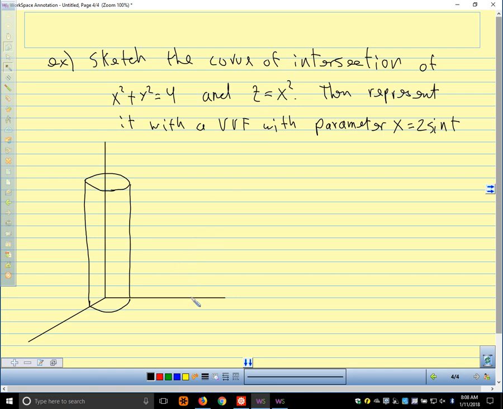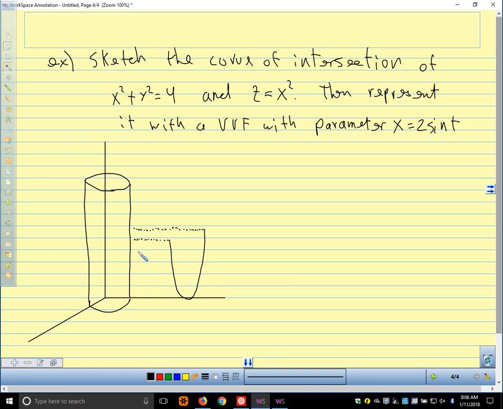So I'm going to sketch part of it here so we can get the curve. There's that portion, and this is going to continue along here. The parabolic cylinder is going to intersect the circular cylinder. The way I visualize this is to think of this solid thing as a knife slicing through.